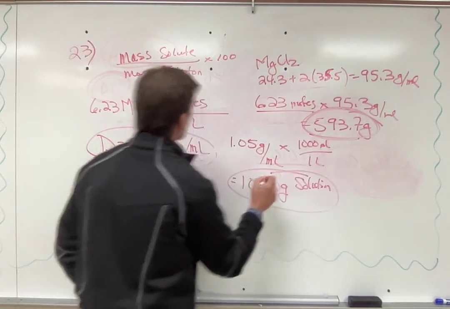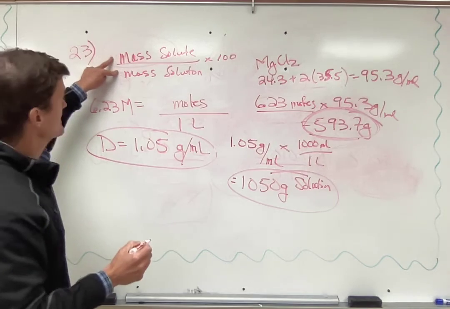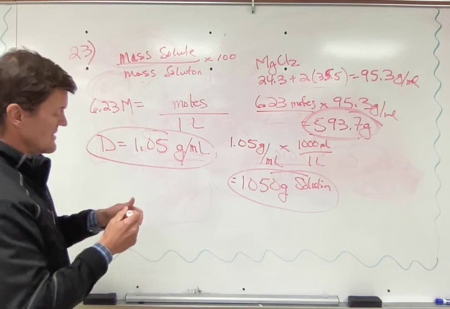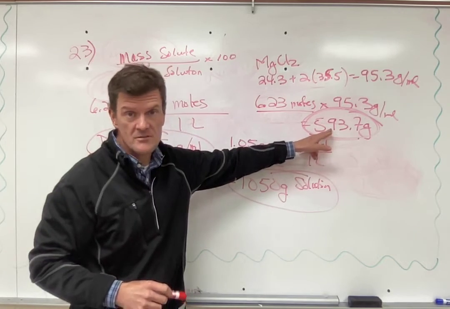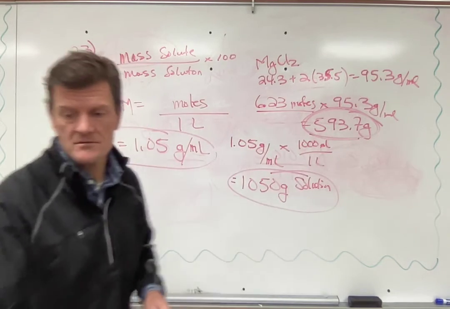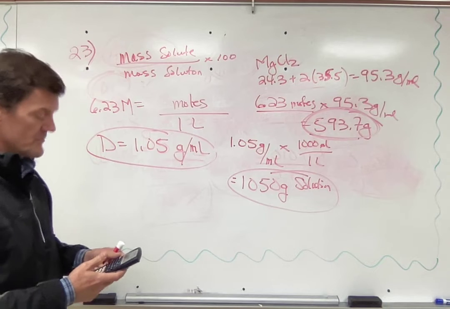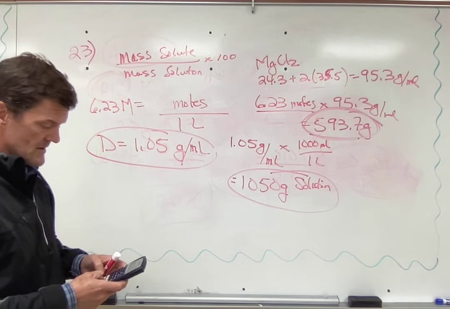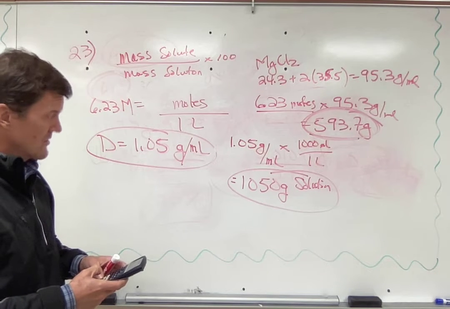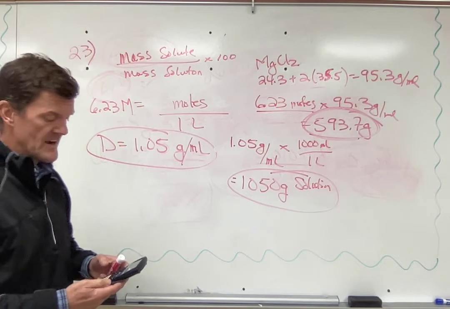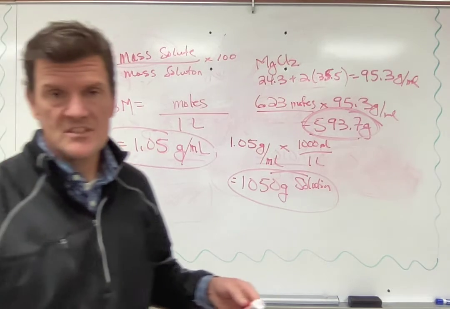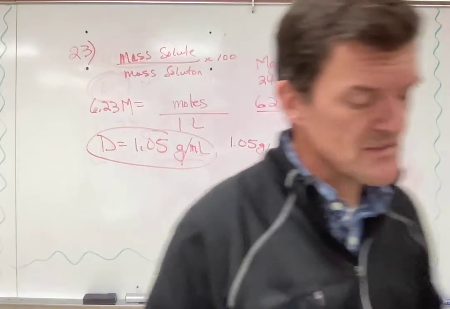This is for the solution. You put them in this ratio and divide them, and it's going to be close to a half. So 593.7 divided by 1,050. And I get 0.565, which is about 56%. Hopefully that's one of the answers here.